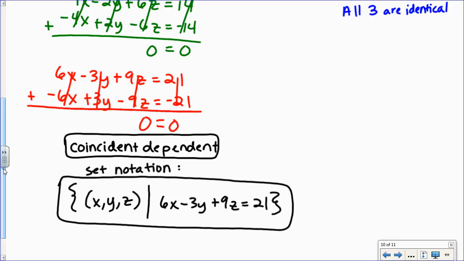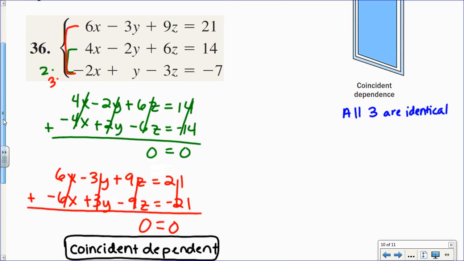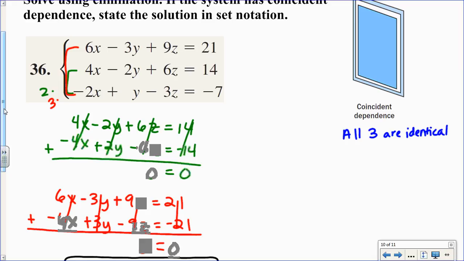So I'll scroll back down in just a second. You could have a linear dependent system that has three equations with three variables. It would be linear dependent if you get 0 equals 0 for two of the equations, but then when you go down here, that doesn't happen. You're just able to eliminate one variable.